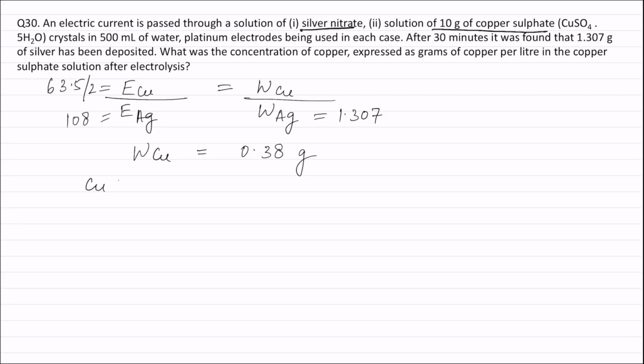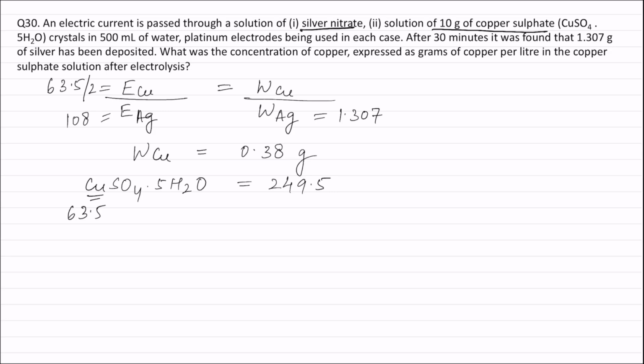Now 1 mole of copper sulfate, this hydrated copper sulfate, contains 1 mole of copper atoms. The molar mass of copper sulfate .5H2O is 249.5 gram, and the mass of 1 mole of copper is 63.5 grams.